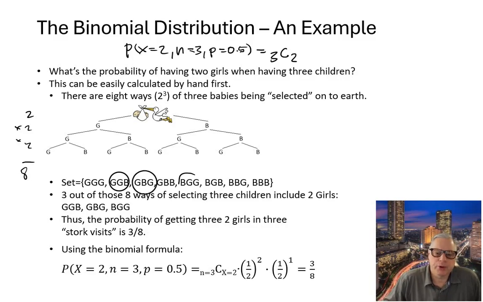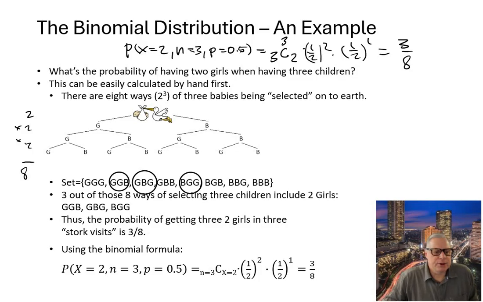And we have boy, girl, girl, that is the third way. So here we have 3, and then we have again 1 over 2 raised to the 2 times 1 over 2 raised to the 1, and we get again 3 over 8.